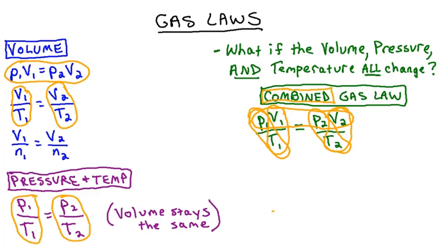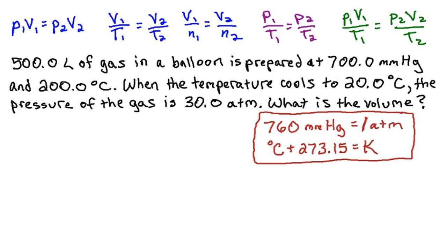It takes the gas laws that you've been learning and combines them all into one mathematical formula: P1 times V1 over T1 equals P2 times V2 over T2. So now let's try a practice problem with this combined gas law.